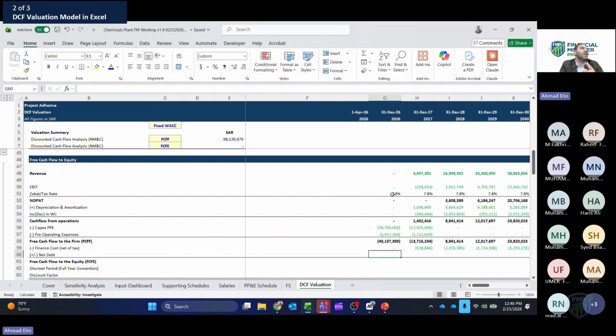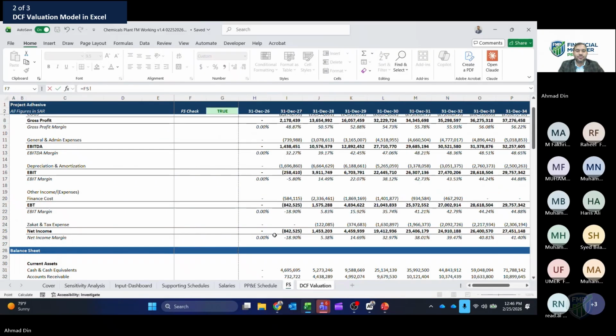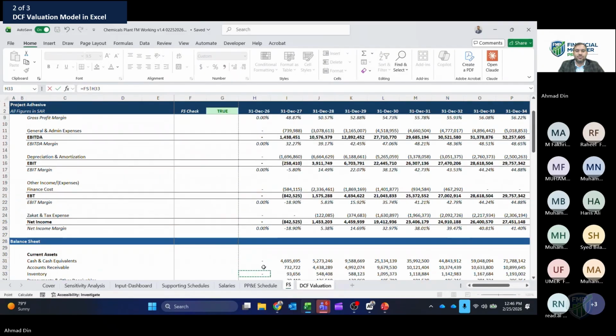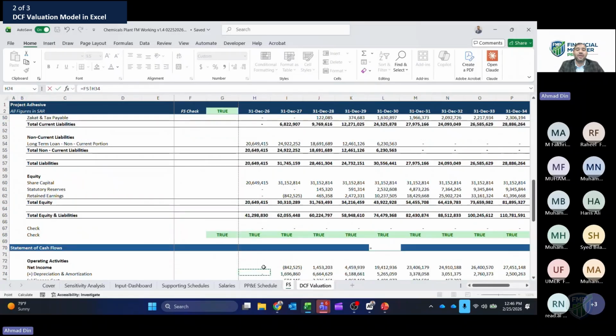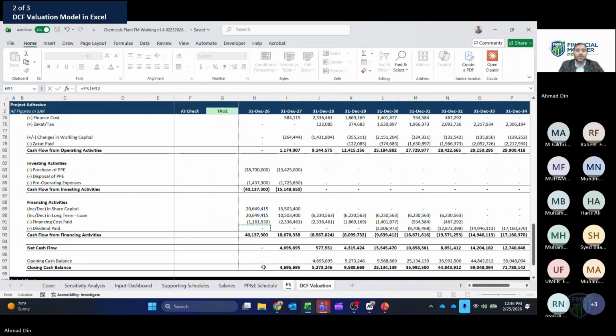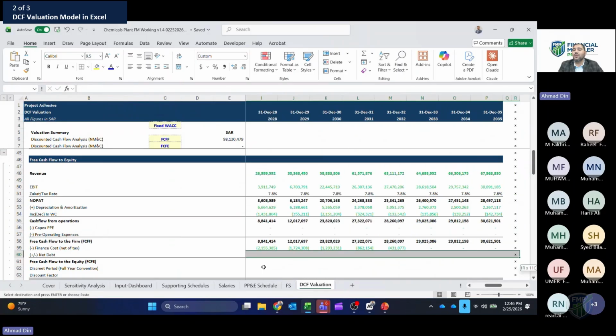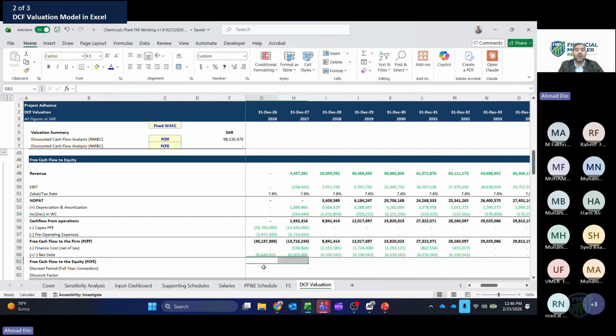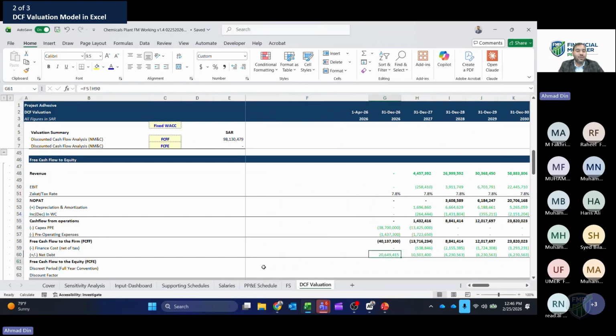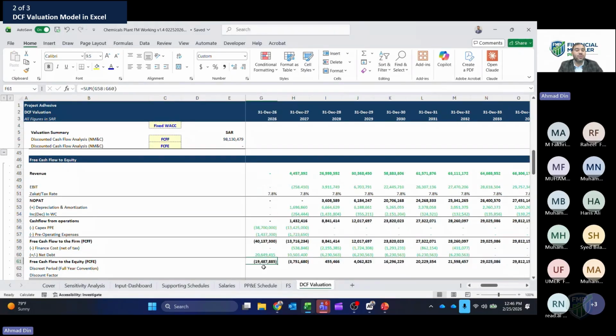Debt drawdown minus repayment. So we will have a net debt for the period. We already have our debt in our cash flow statement. In the starting year we have drawdowns, and then we have repayments. By adjusting these two items, we have our FCFE, free cash flow to equity.